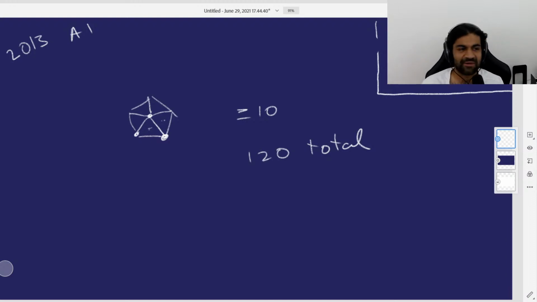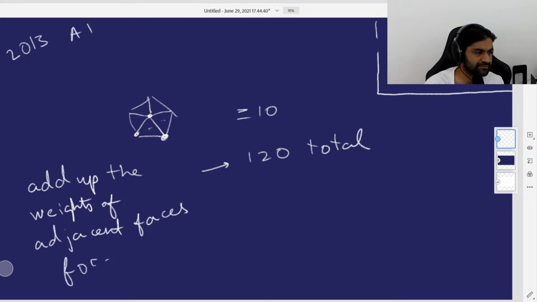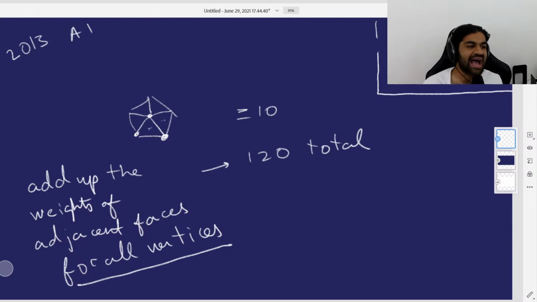By the way, how did I get this sum? Add up the weights of adjacent faces for all vertices, and that gives me 120 total.